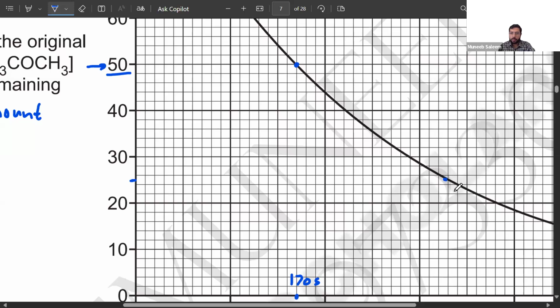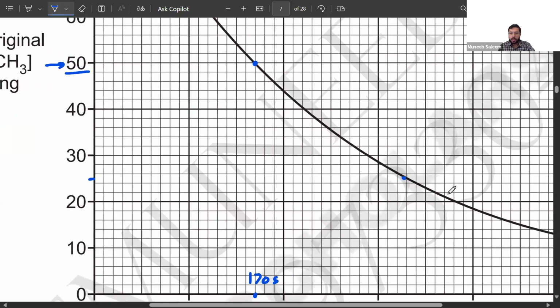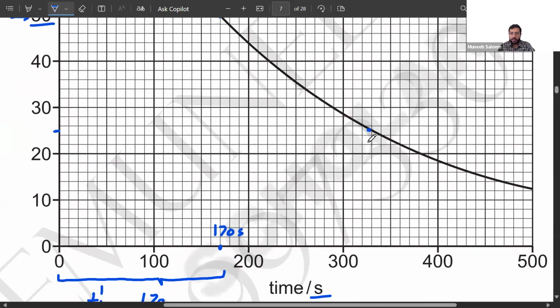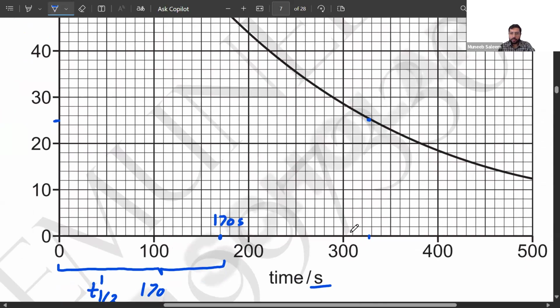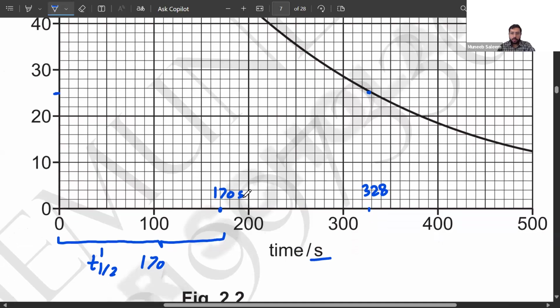This is the point where I'm getting. And again, I need to check it on the x-axis. If I check it on the x-axis, it is 310, 320, and this is 328. Let's suppose this is 328. So I need to find the half-life from here up to this point.